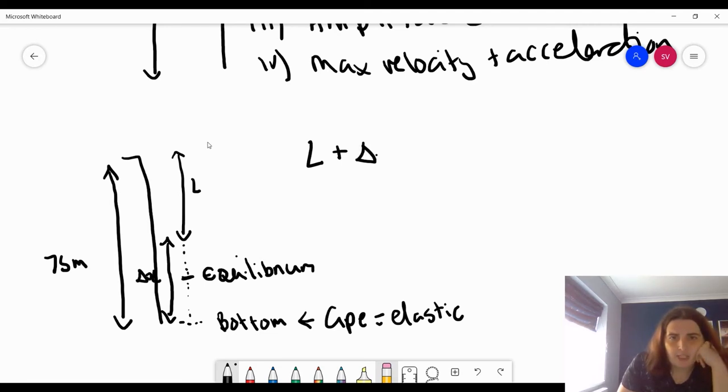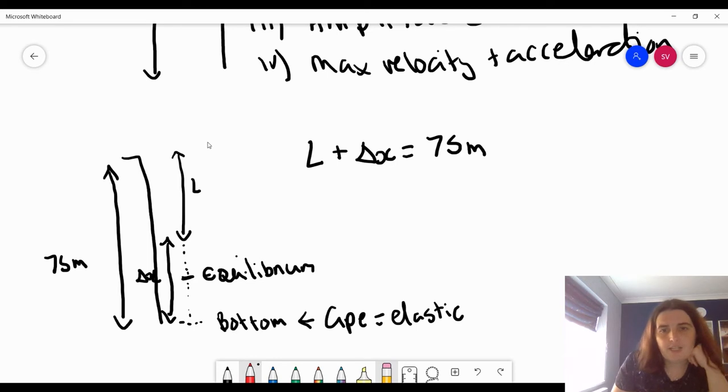So L plus the change in X is 75 meters. And this change in X is the change in the extension till the max. At this point I know the GPE equals the elastic potential.